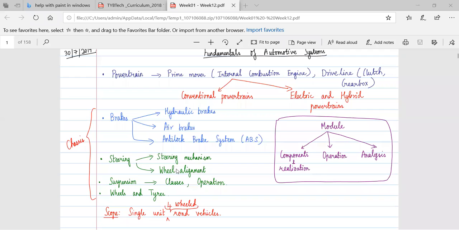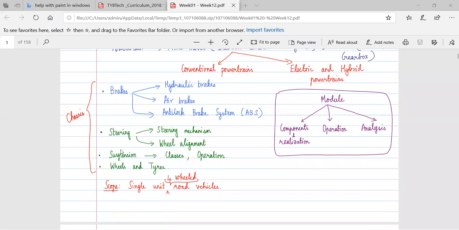With the steering mechanism we have cruise control types of controls provided, which are available on the steering nowadays. Then we have suspension, under which we are going to discuss how the suspension is achieved.